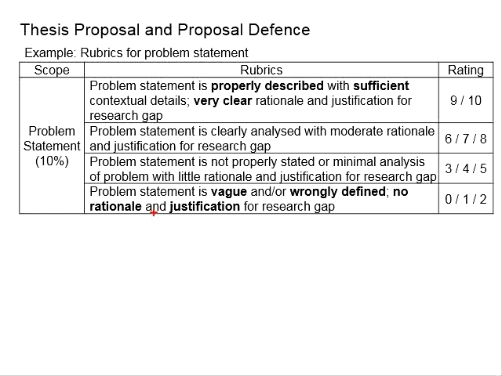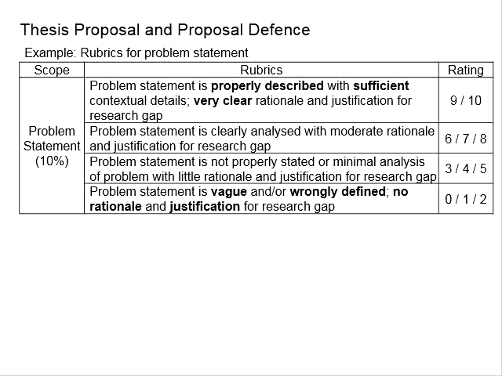First, the problem statement is vague and/or wrongly defined, with no rationales and justifications for the research gap. In this case, your problem statement is unclear or totally wrongly defined, which is not relevant to your research or cannot be resolved even though you have completed the research.